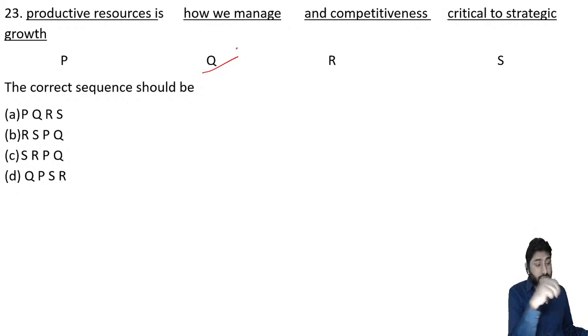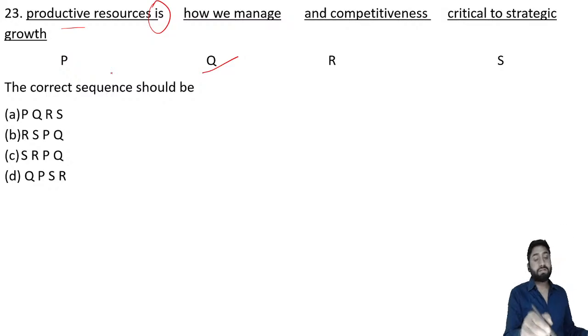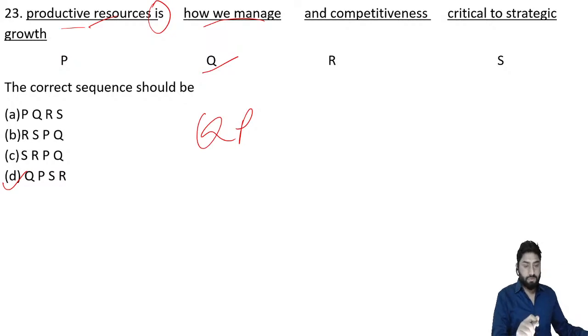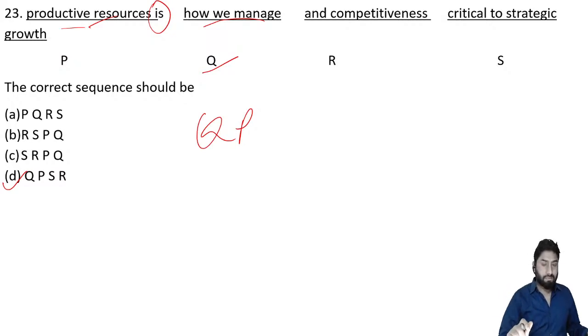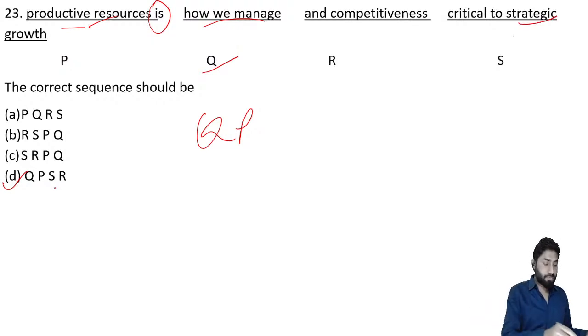See, productive resources is anyway the verb, right? So how we manage productive resources, this whole thing will work as the subject. So we are left with this option, QP, right? How we manage productive resources is critical to strategic growth. This is the option, right?